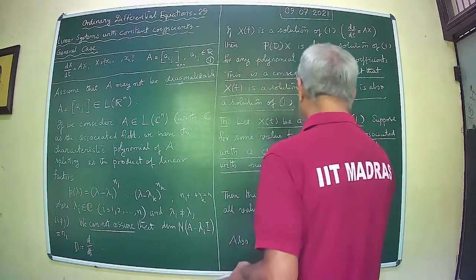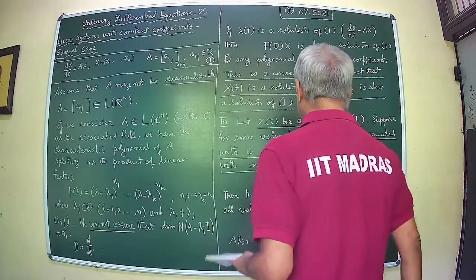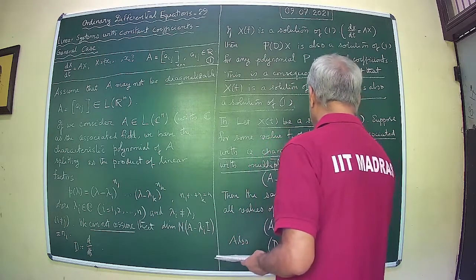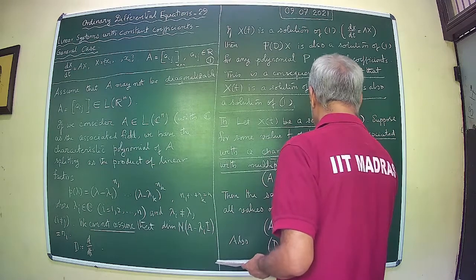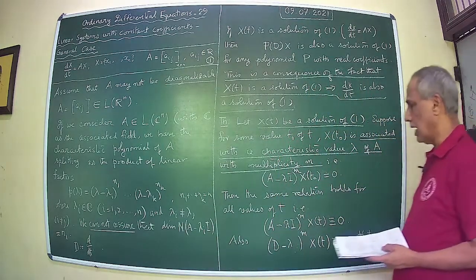Then you see that this relation is true for all values of t. I will put it here. x(t naught) is a fixed vector in Rn or Cn.